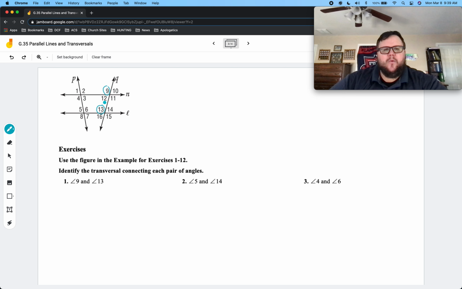What we notice, if I were to cut this line right here and I dropped it down, 9 and 13 would correspond with each other. So that's what we're looking for. What are they? They're corresponding angles. So 9 and 13 are corresponding angles.